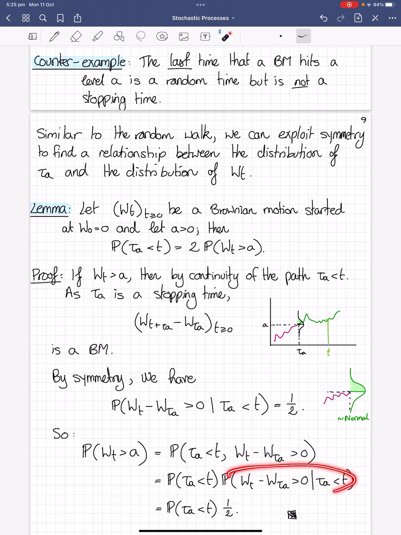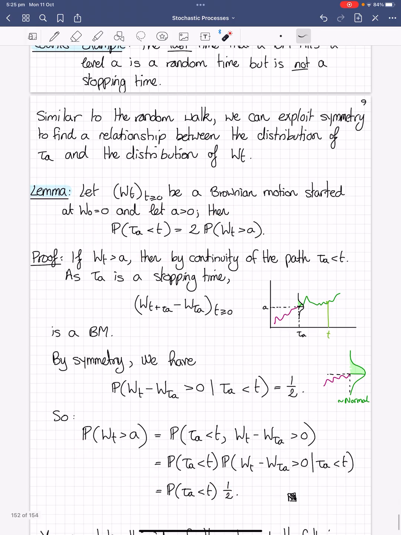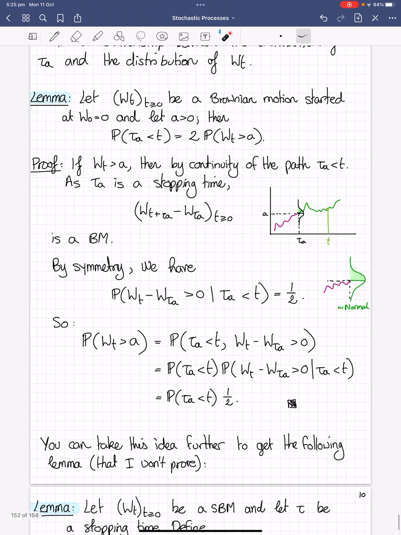But this increment here is what we have up here, this conditional probability, which was equal to a half. So we just substitute that half there, and then we leave this tau a less than t. And then basically you multiply both sides by 2, and we have our result. Okay, so that's the proof of that result.